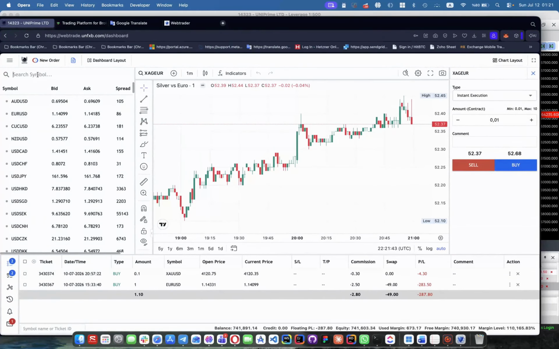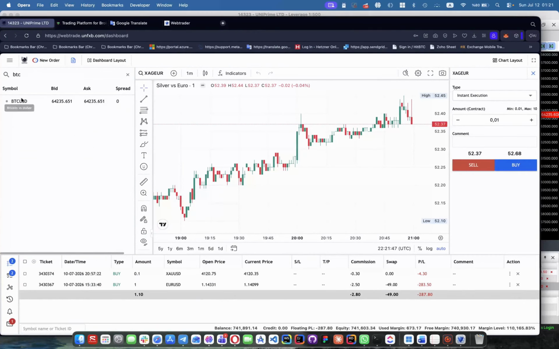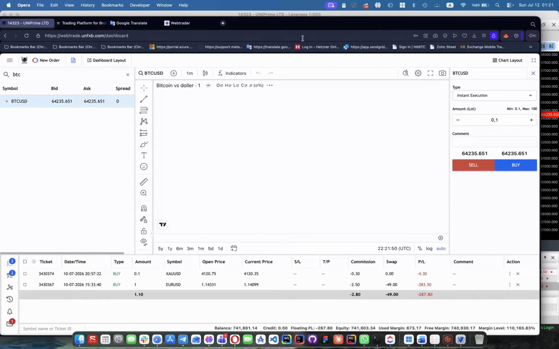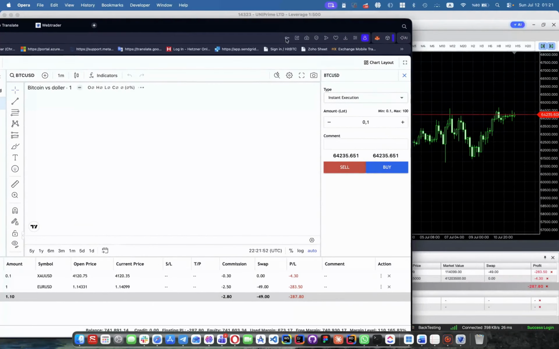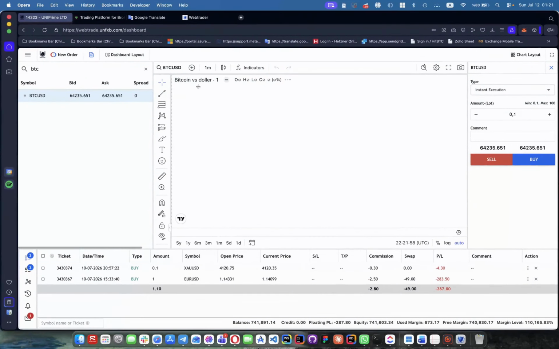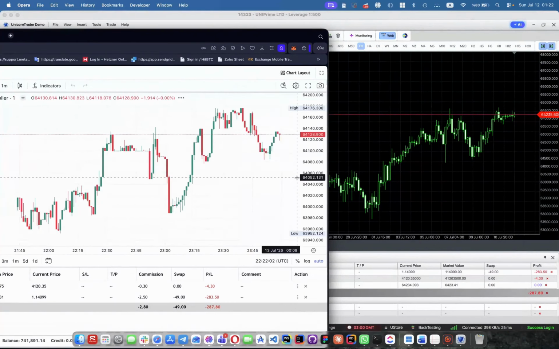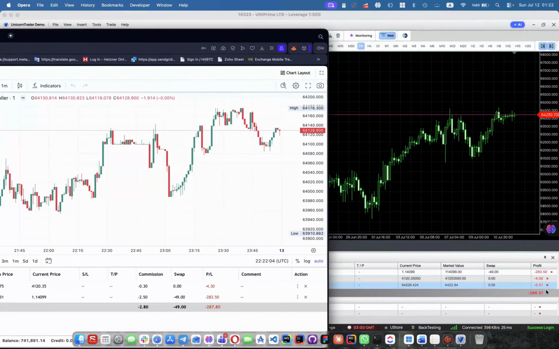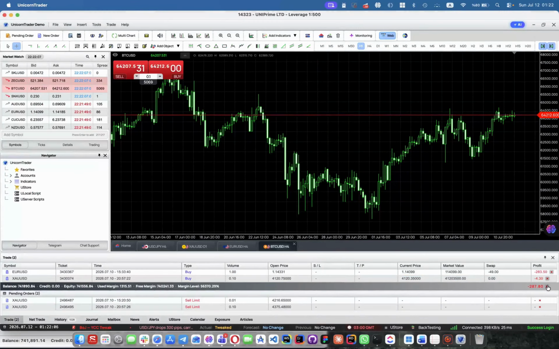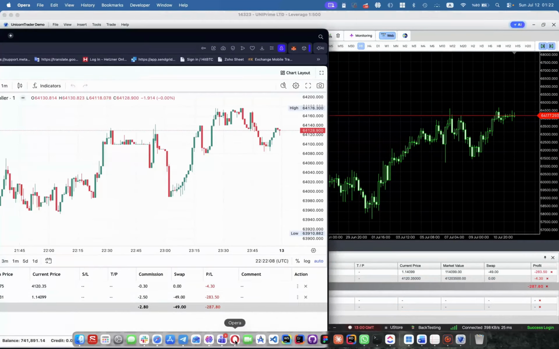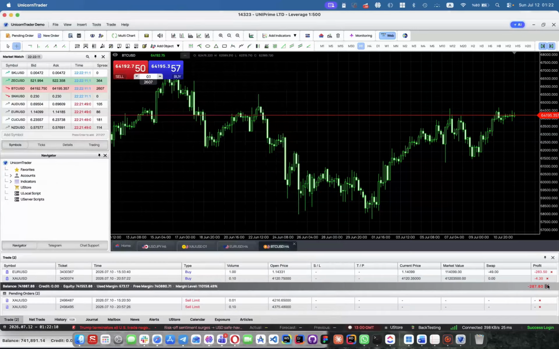All right, the BTC trading ticker, the current Bitcoin price chart. Okay, the order I'm opening has opened here as well. All right, I'll close it now. Or all the trades. Of course, this one is my gold in Europe.